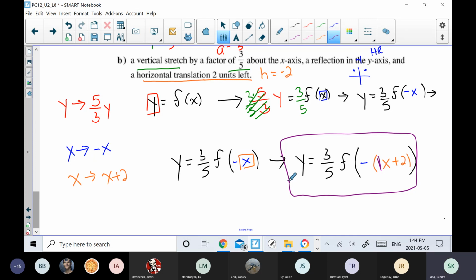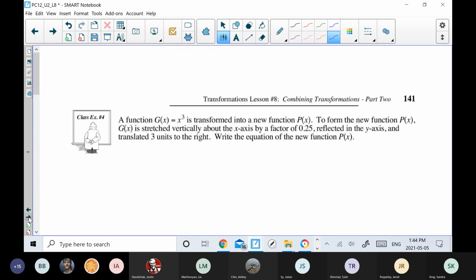Okay, let's look at class example 4. A function g of x is transformed into a new function p of x. So my original function they're calling g of x is going to undergo some transformations. They're going to ask for the equation of the new function.